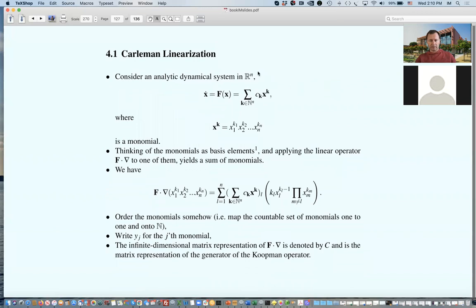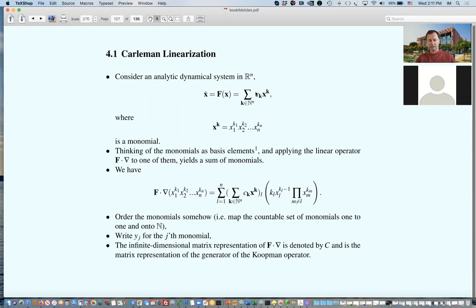So we're going to take a broad class of dynamical systems. It's pretty broad, certainly not all of them. We're going to work with analytic dynamical systems in R^n. So we're going to have a vector x and its time change x dot as the vector field f of x, and we are going to expand this into monomials.